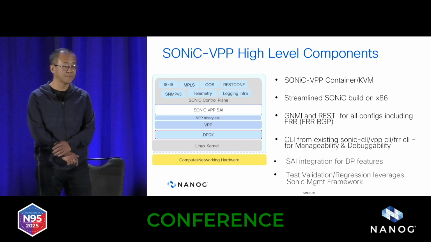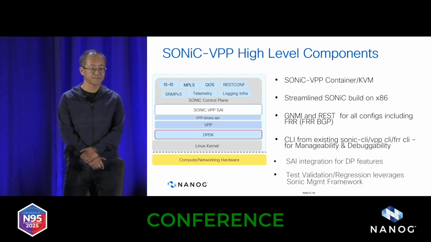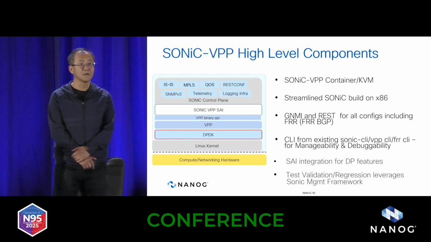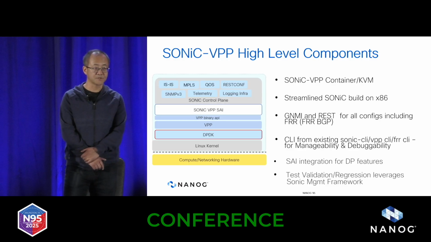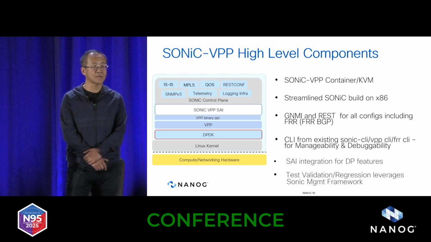VPP runs in a separate process, and in VPP we use DPDK to send and receive packets from interfaces. SONiC VPP can be packaged as a container or as a virtual machine. We have streamlined the SONiC VPP build for x86. Now it can build directly from the SONiC build image repo, just like any other platform.